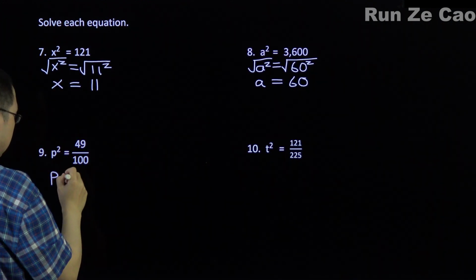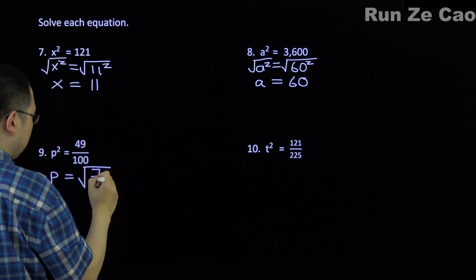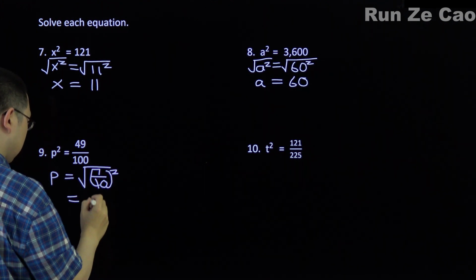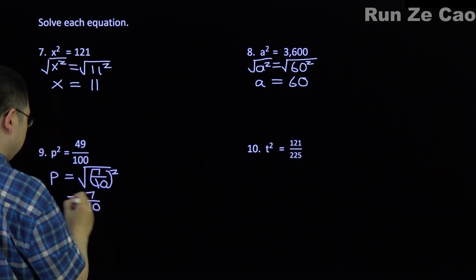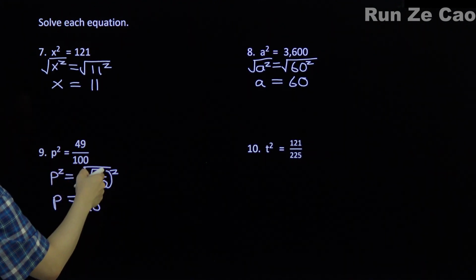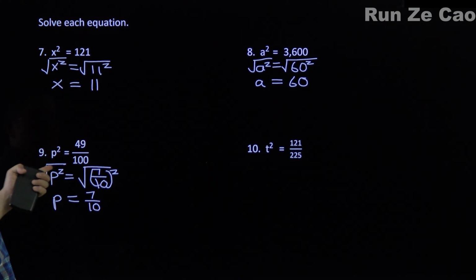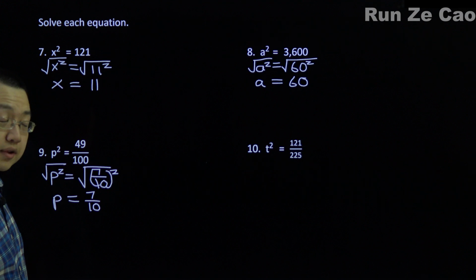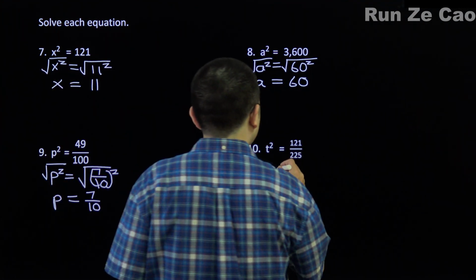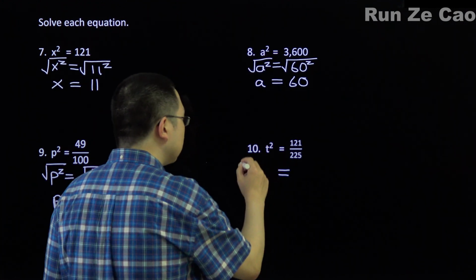So P is equal to the square root of 7 over 10 squared. So it's just equal to 7 over 10. Actually, since we went with that format anyway, over here we might as well write this down to show the symmetry of steps.